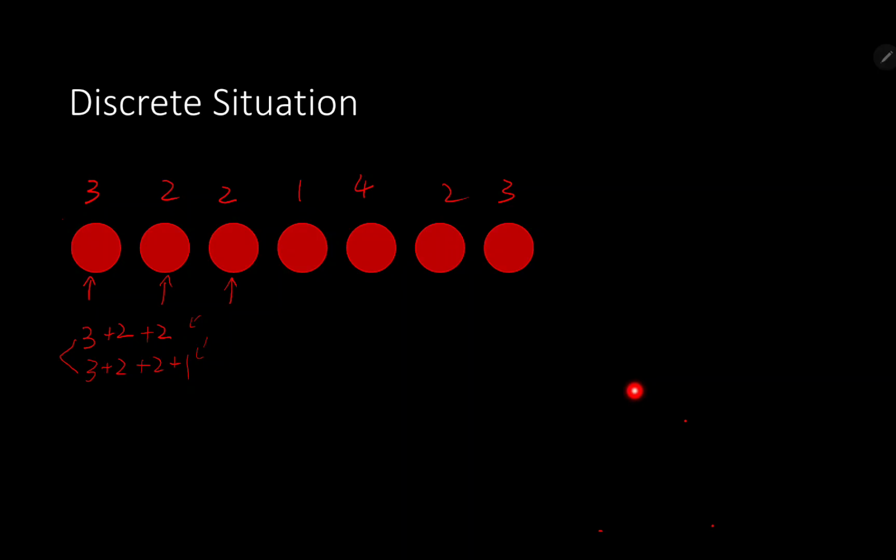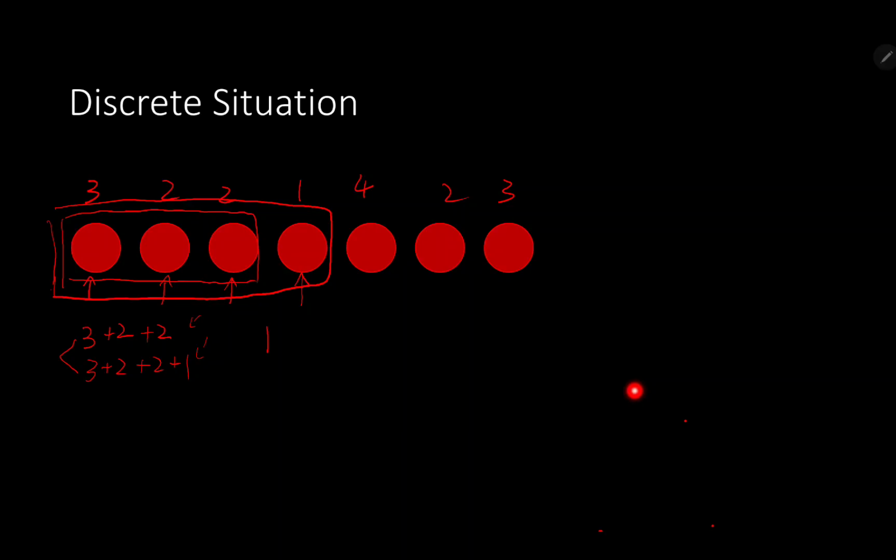The first sentence says the mass of the first 3 apples is equal to 3 plus 2 plus 2. The second sentence says the mass of the first 4 apples is equal to 3 plus 2 plus 2 plus 1. So what is the difference between those two sentences? It's 1, the mass of the fourth apple.